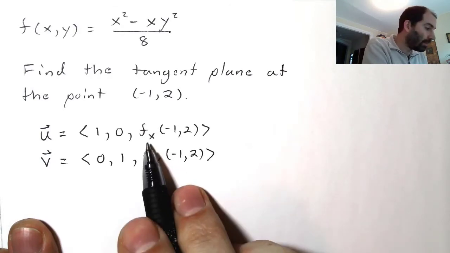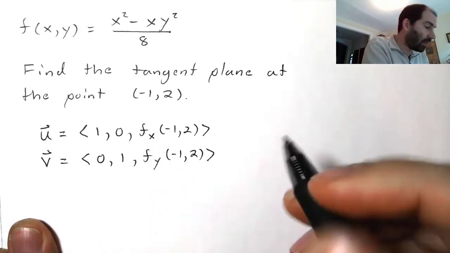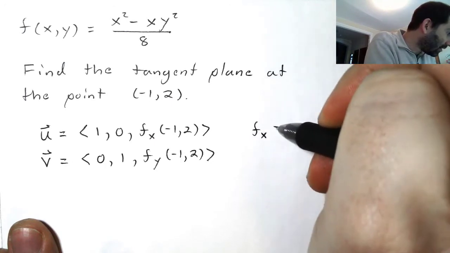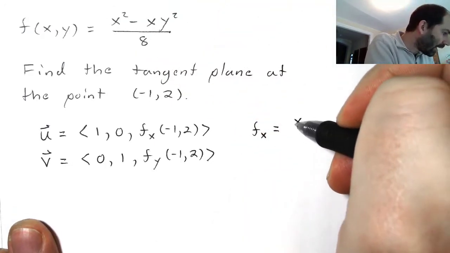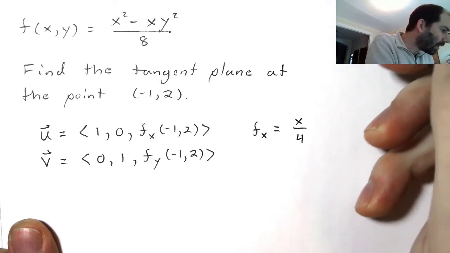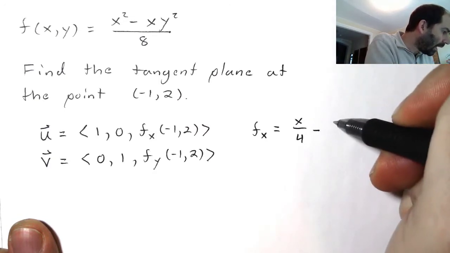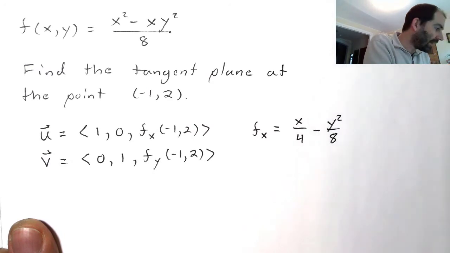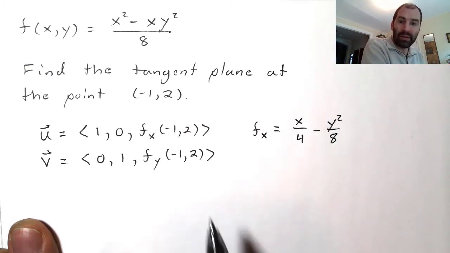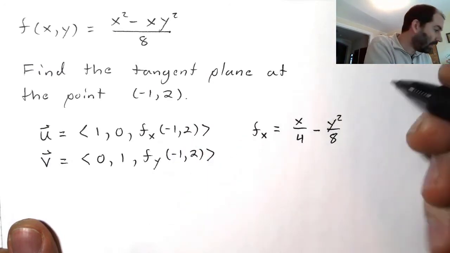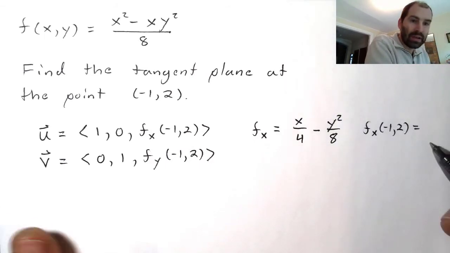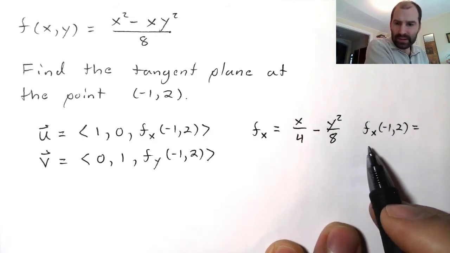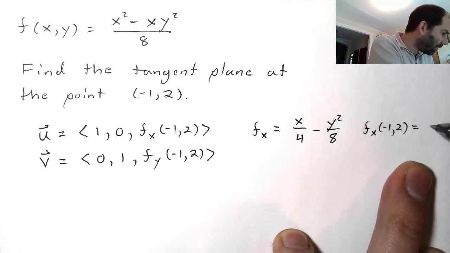Okay, so let's compute these x and y derivatives. Well, f_x, the x derivative of this function, if you work that out, is x over 4 minus y squared over 8. And if I plug in -1, 2, I get, let's see, it looks like -3/4.